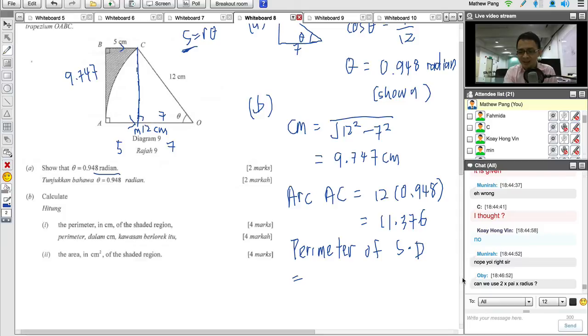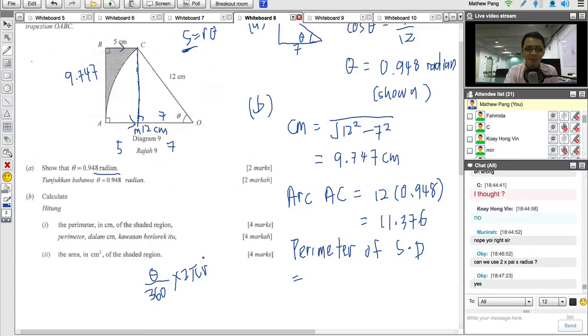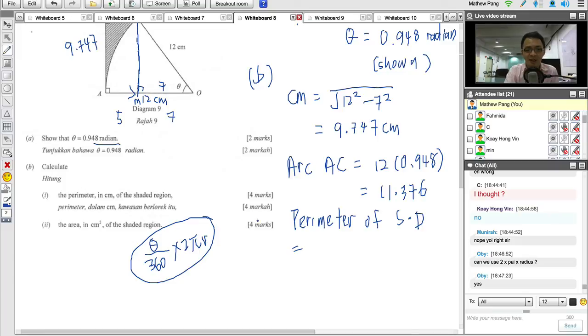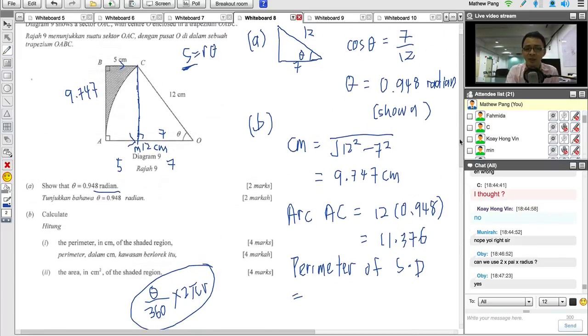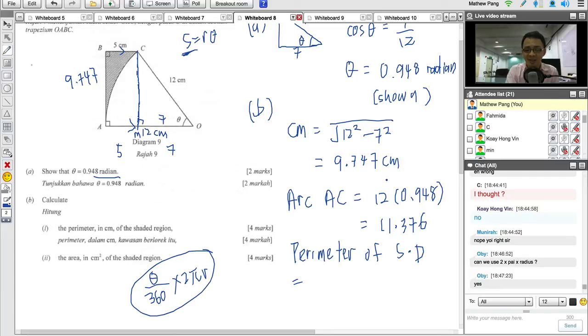Your formula you mentioned has to use degrees, angle over 360 multiply 2 pi r, because the angle there is in degrees. I believe this is an MX topic, they will hope to see something like S equals R theta. So you better use back the MX formula.